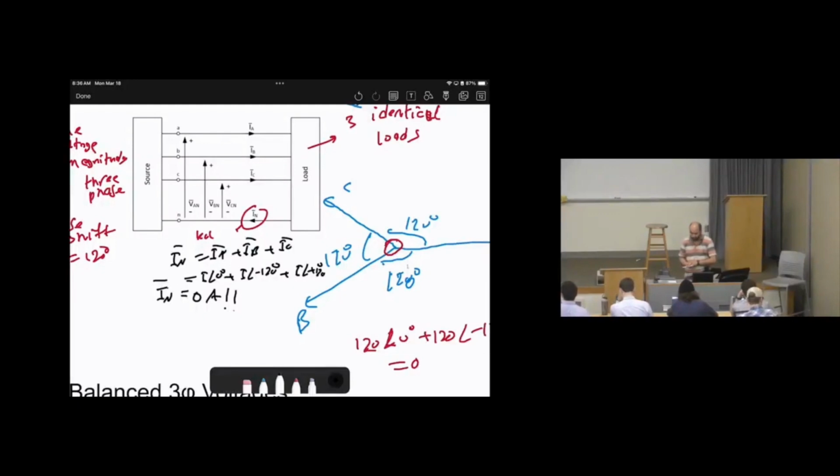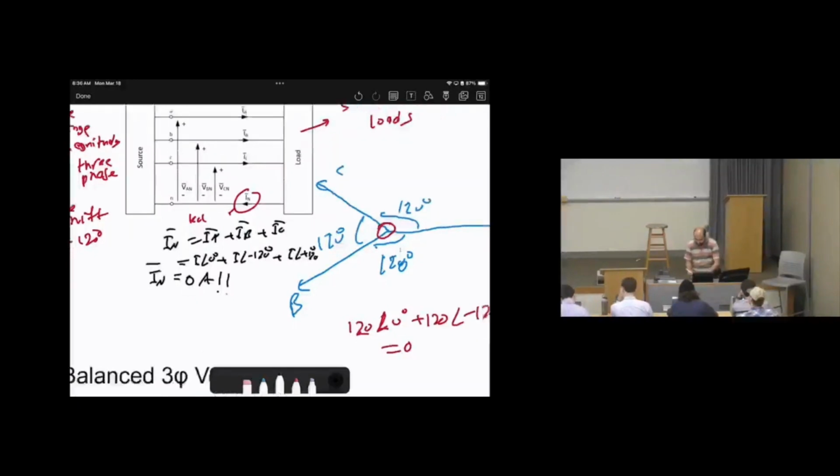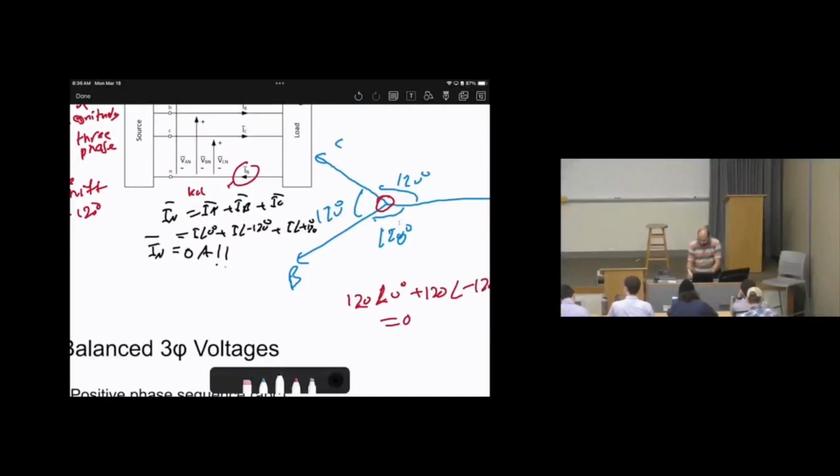So if we assume all of them have angle 0, this means I angle 0 plus I angle 0 plus I angle 0. This here means 3 times I angle 0 degrees. What does this mean? 3 times the current will be flowing in the neutral if we remove the phase shift.